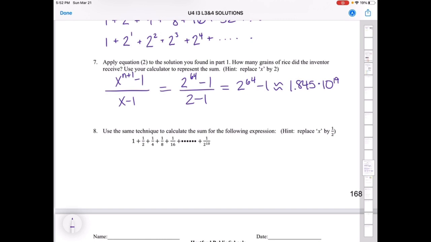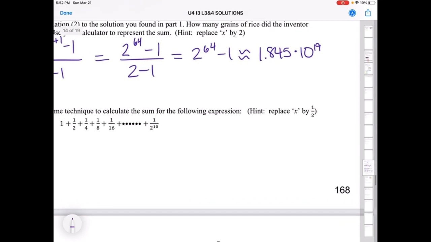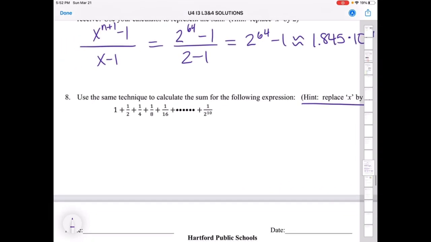And then it says, okay, well, now I use the same technique to calculate the sum for the following expression. And this time I'm replacing my x with a half. So I'm going to say, okay, well, I have a half, and my n value is 10. So I have 1/2 to the 10 plus 1, subtract 1, all over 1/2 minus 1. So here, if I solve this, use your calculator, the numerator and denominator, make sure you have parentheses around them.